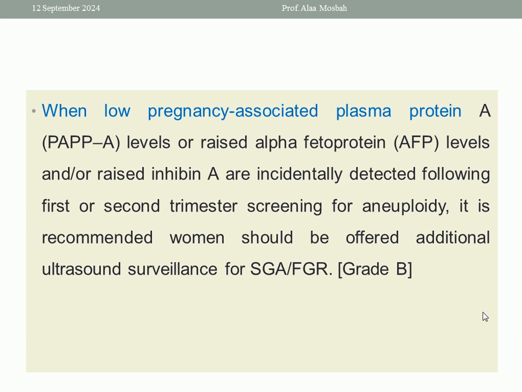Okay? You should notice this during screening for aneuploidy.